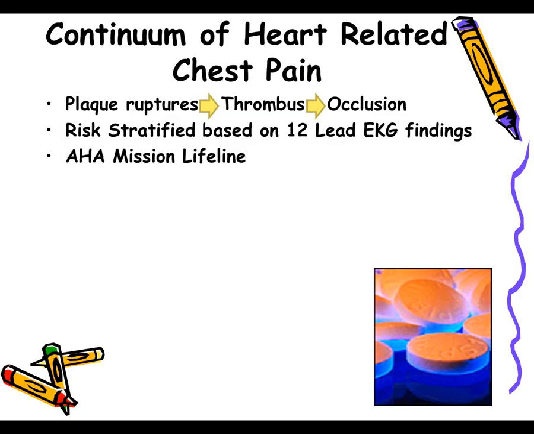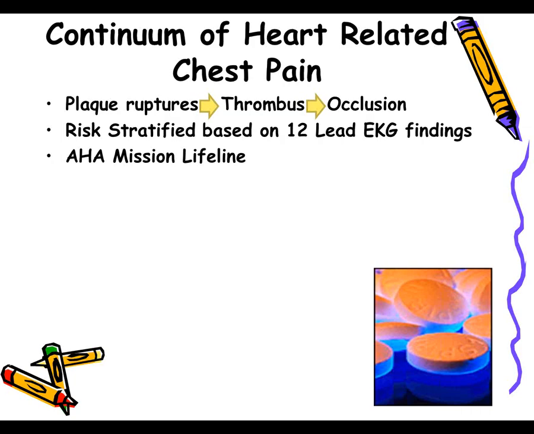And because of the importance of 12-lead ECGs in the pre-hospital environment, the American Heart Association's Mission Lifeline was awarded a grant of $4-point-something million. The state matched it with $1-point-something million.